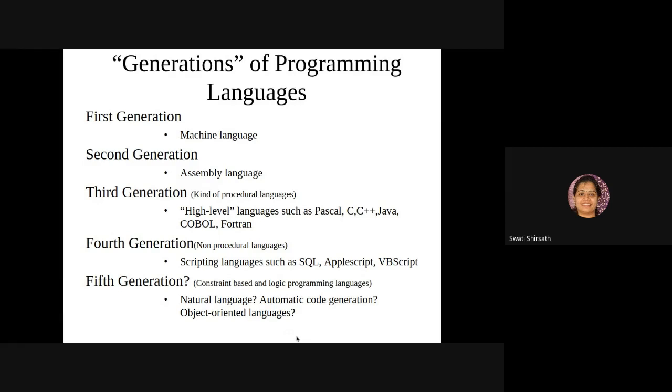Object oriented languages are fifth generation or not? Yes, they are also fifth generation languages, we can call them, because there are some constraints that we use in object oriented languages also.